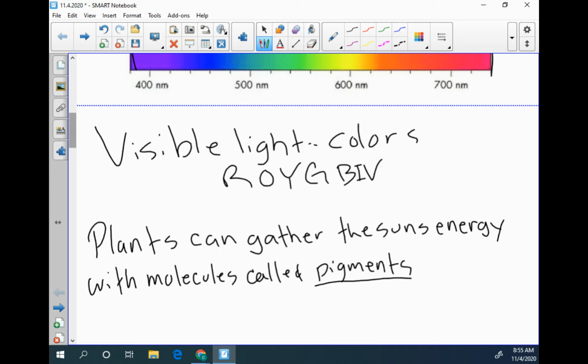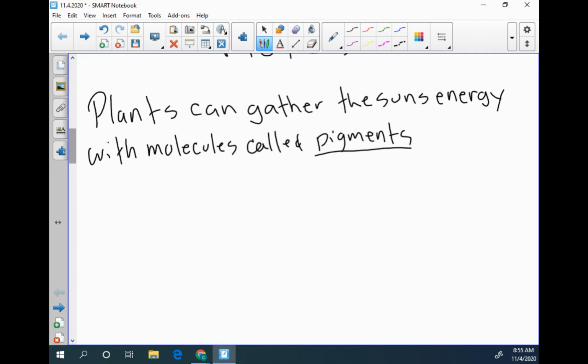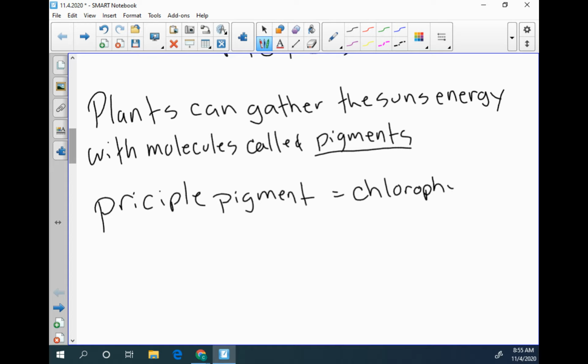So when we talk about plants, the principal pigment, or the main pigment, is called chlorophyll. There is a chlorophyll A and a chlorophyll B. Chlorophyll A comes in handy more often than chlorophyll B does.